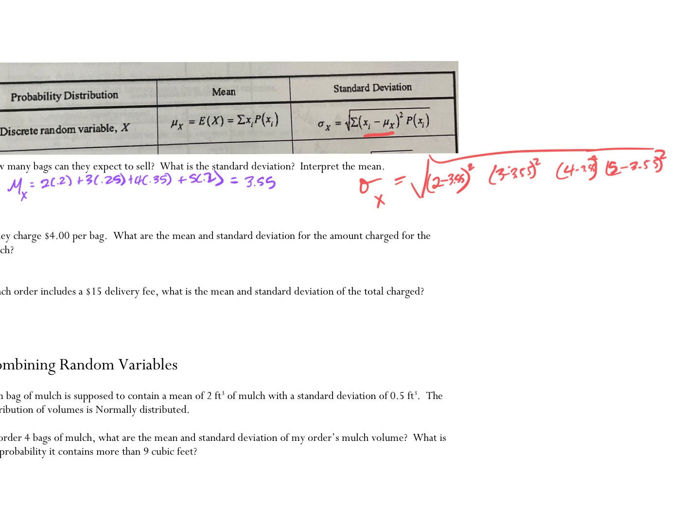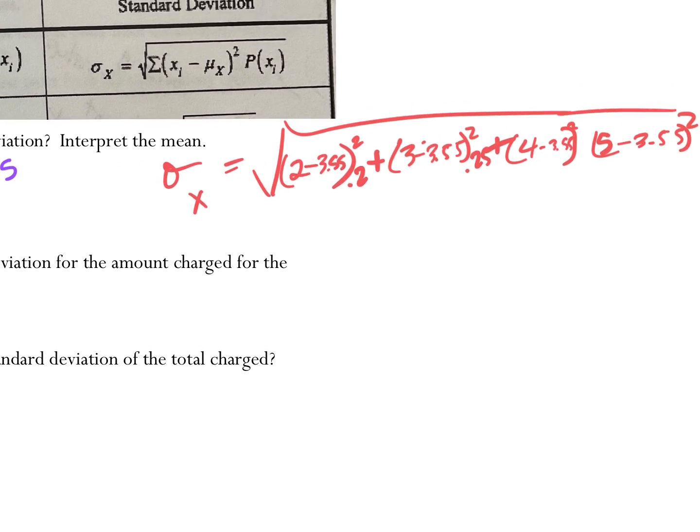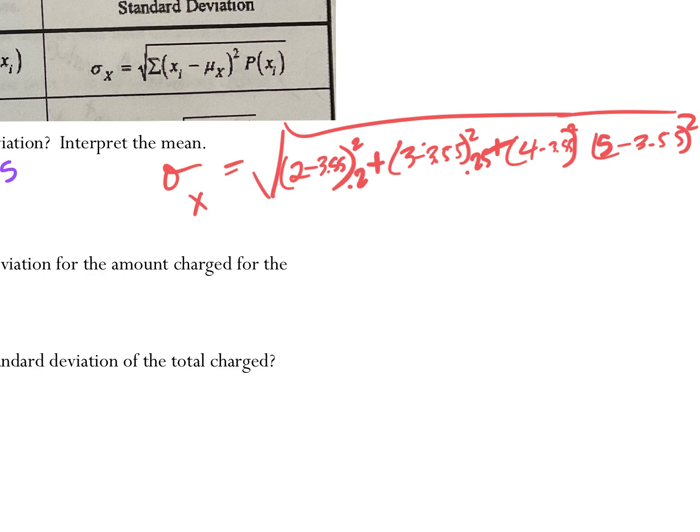Then multiply by the probability of that particular one. So the probability of 2 is 0.2, the probability of 3 is 0.25, and then we add all of those up, which is what that sigma means. So you get the basic premise of what this is supposed to look like. I didn't do a very good job of space here.